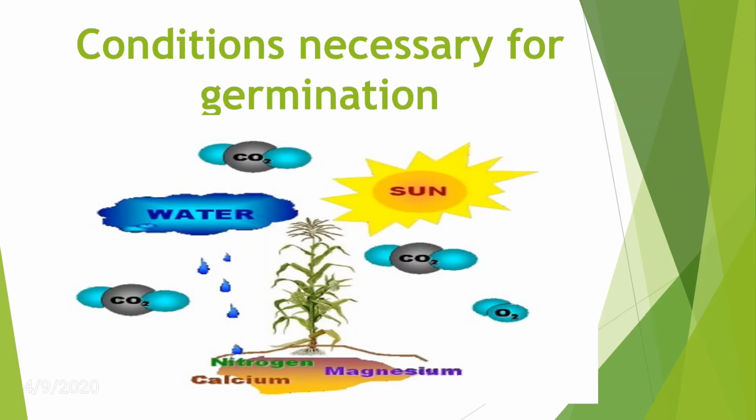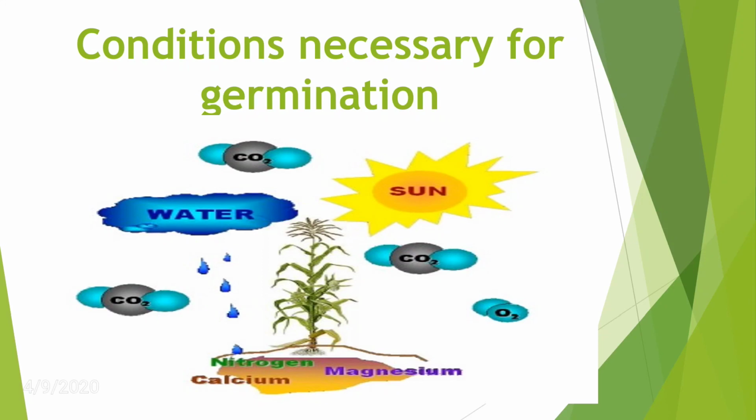Conditions necessary for germination. A seed needs the right amount of oxygen, water, soil and warmth for germination. A seed needs oxygen to breathe. A seed is usually very hard, so water softens the hard cover of the seed.